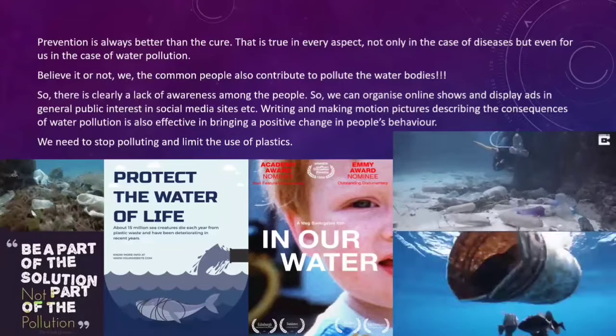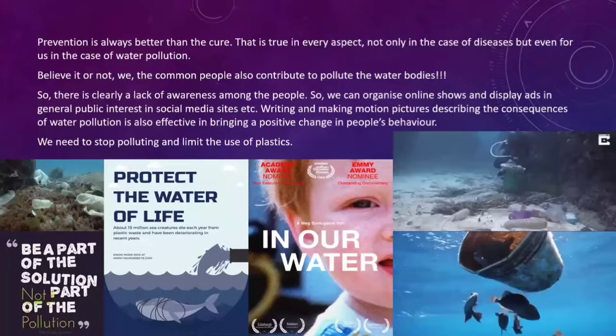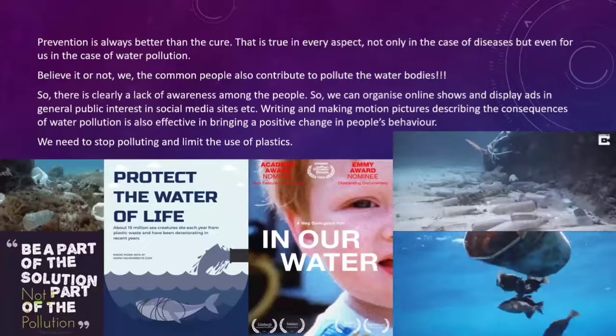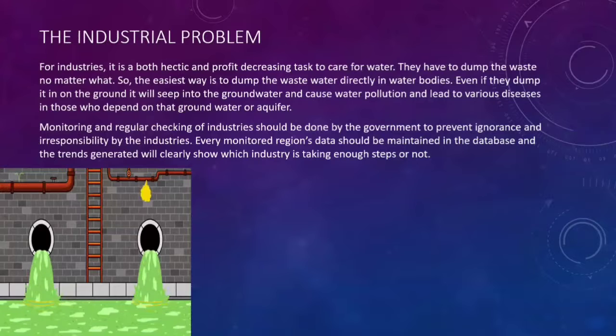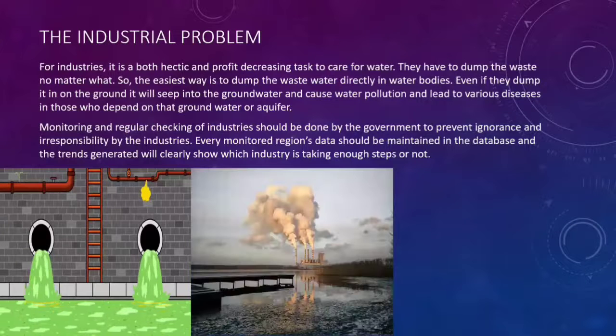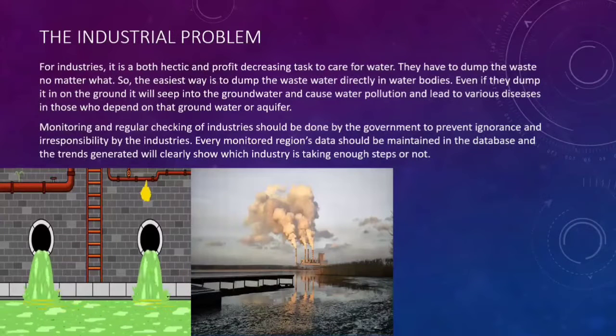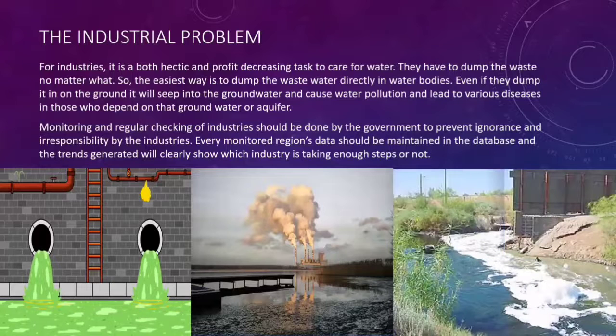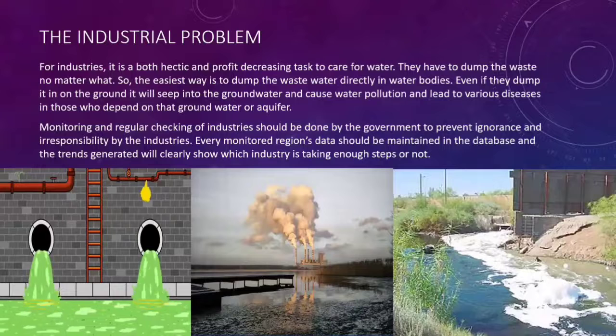We need to stop polluting and limit the use of plastics. For industries, it is both a hectic and profit-decreasing task to take care of water. They have to dump the waste no matter what. So the easiest way is to dump the wastewater directly in water bodies.